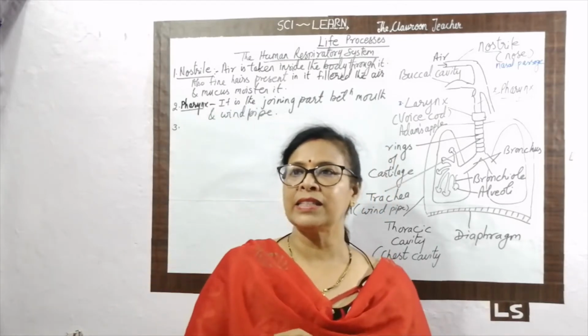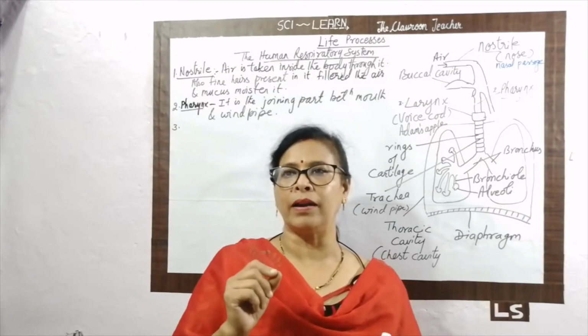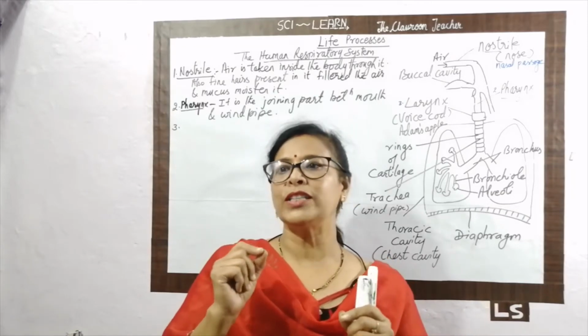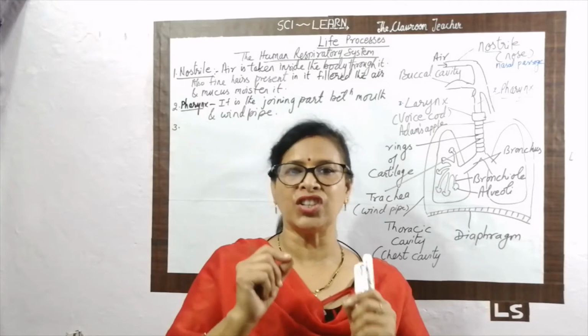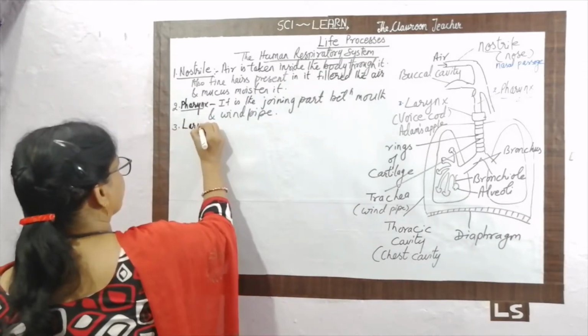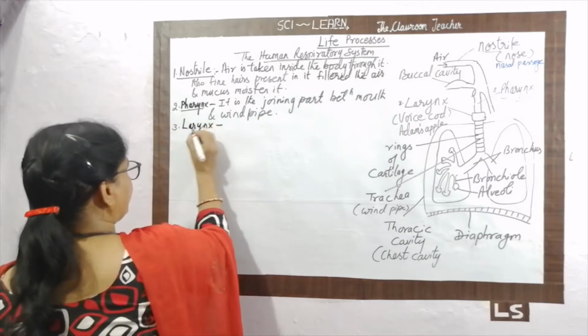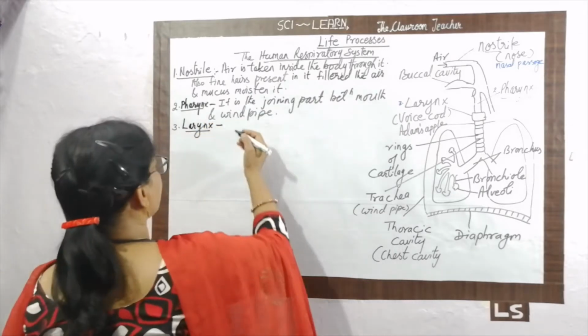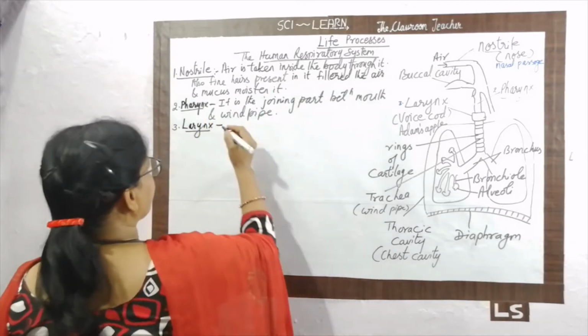So what is the larynx? Larynx is actually the voice cord, which is able to generate the voice. It does not participate in respiration, but it is an important part of the respiratory system.